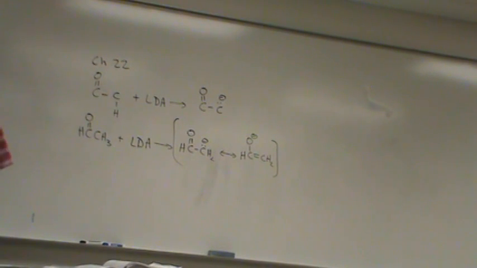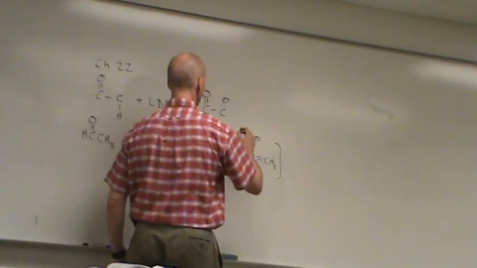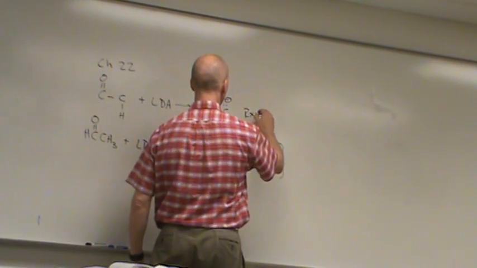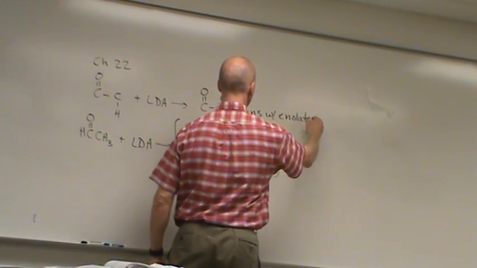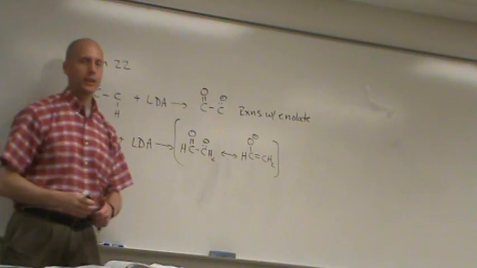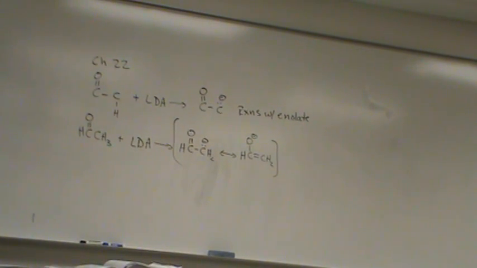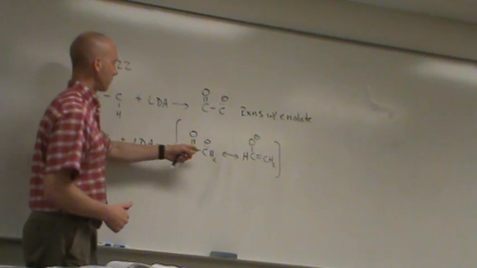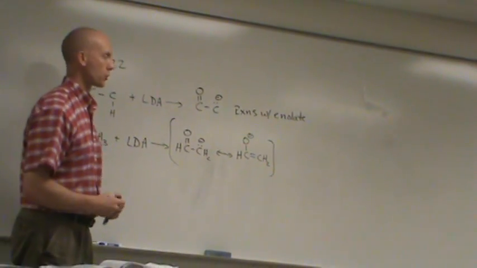Well, today what we want to do is do some reactions with the enolate ion. How does that thing react? Well, if you look, you have a negative here and a negative on the oxygen.